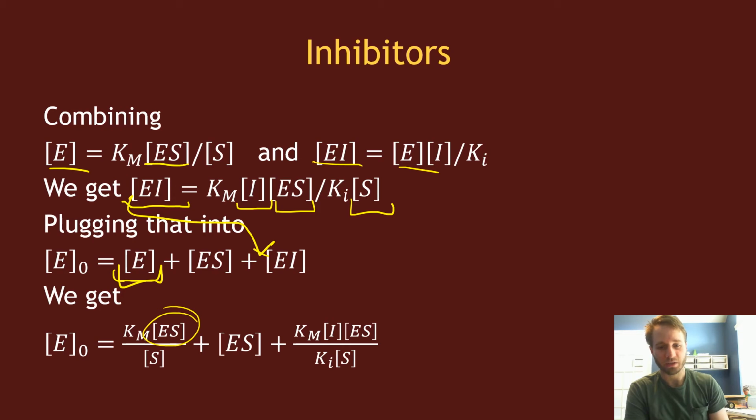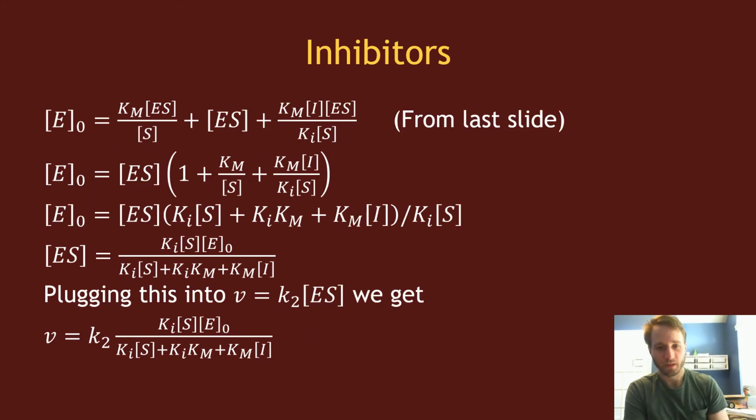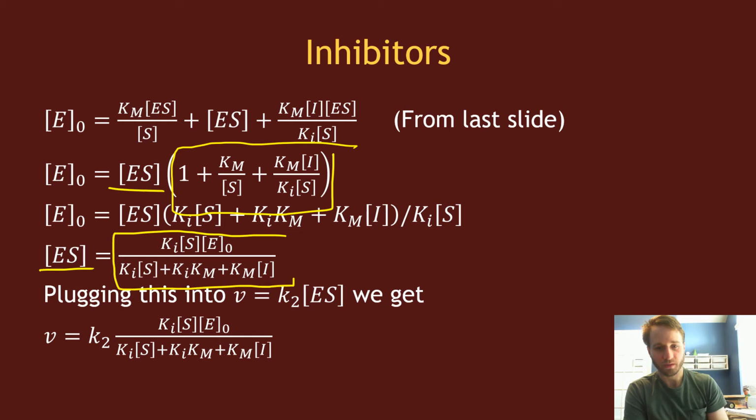We get this expression here. That expression from the last slide, we just pull out the enzyme substrate concentration, divide all this wonderful stuff onto the other side, to get that the enzyme substrate concentration equals this expression here.